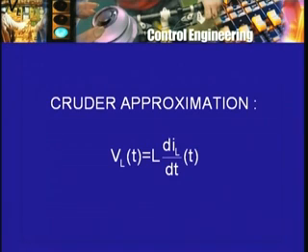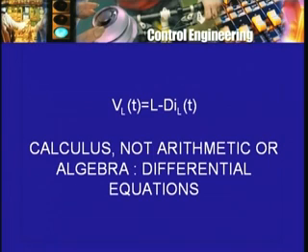Once again, V voltage, L, because L is the standard symbol for the parameter inductance, VL of t equal to L, the inductance value, multiplied by, now this time it is not the inductor current as you know, but the rate of change of the inductor current, dIL/dt, or to emphasize that the rate of change also may vary with time, dIL/dt at time t, and later on we will use a somewhat different symbol which is not used in many books, but you may find it in a few mathematics books.